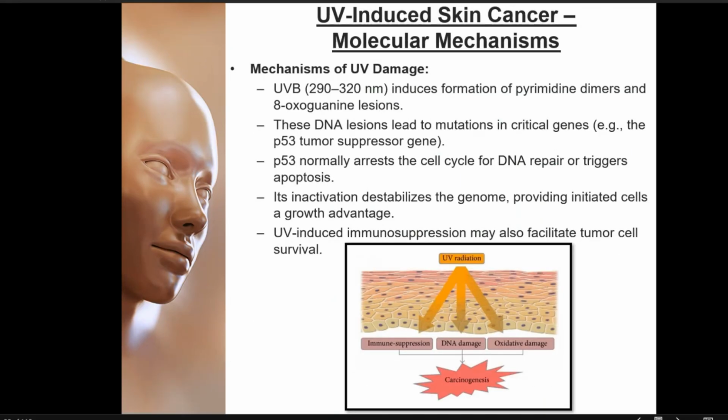This is the molecular mechanism for skin cancer. Ultraviolet B induces the formation of pyrimidine dimers and 8-oxo-guanine lesions.